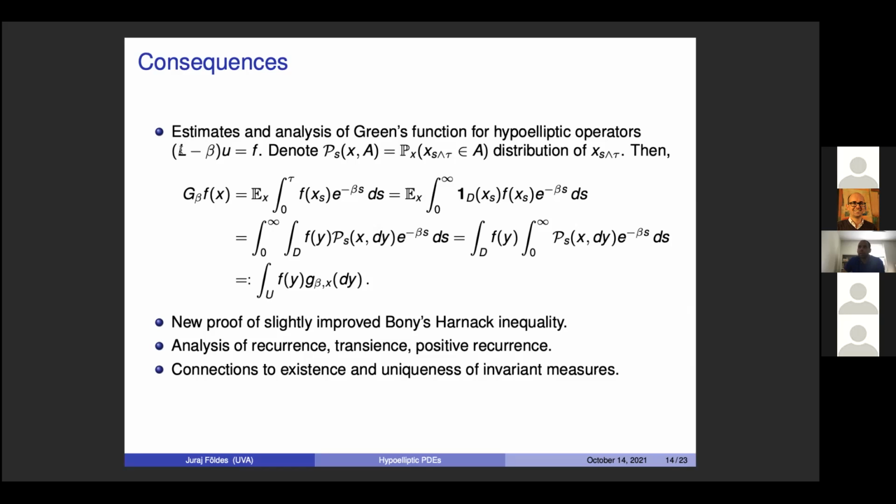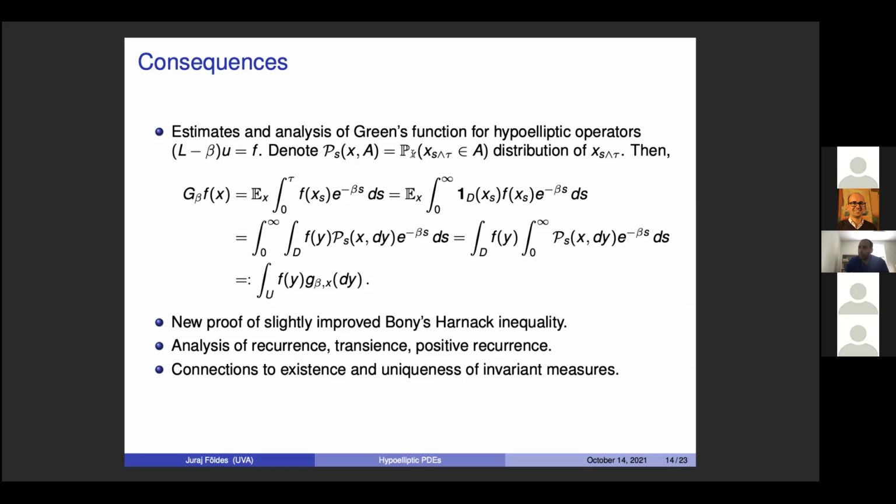I regularize it a little bit, so I have L minus beta times U equal to F. But eventually you can put beta equal to 0, or even beta positive. And let's look at this probability. So P of X is going to be a probability. P of S is a measure on sets. And the measure is like this.